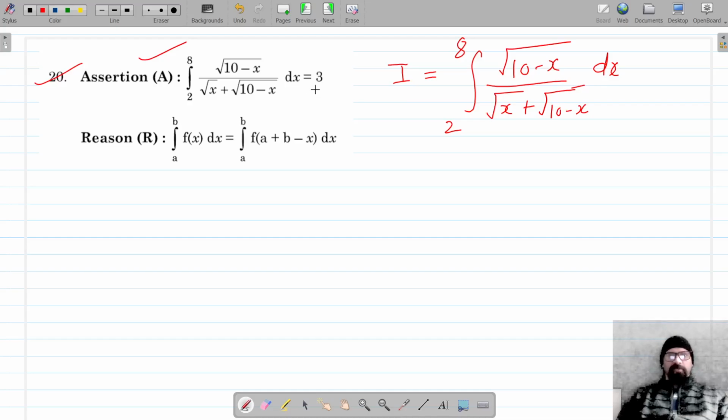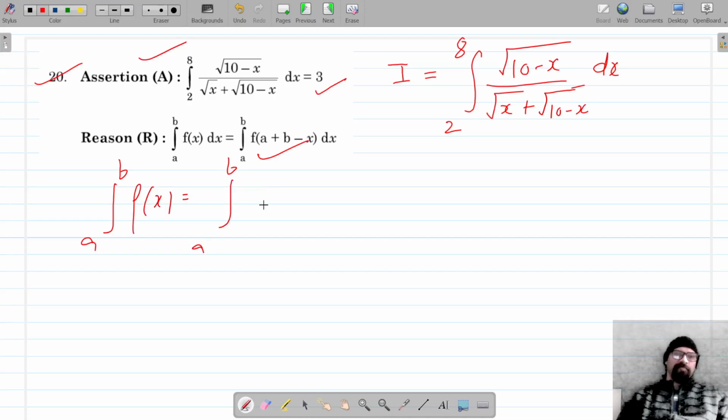We have to show that it is equal to 3 or not, and we are going to use the property that says if the function has limits a to b, definite integral of f of x, then I can write it as the integral of f of a plus b minus x into dx.